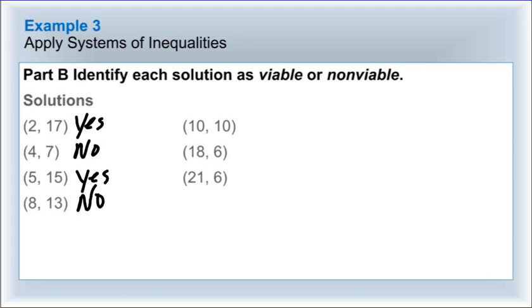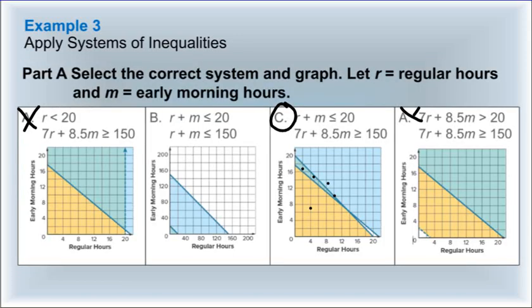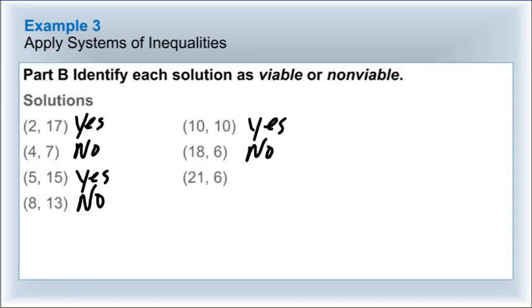So that would be yes. 18, 6. 18, 6 would be up here, so no. And then the last one, 21, 6, be past here, up there, so that would be a no as well. So these last two are no. So that is our lesson on systems of inequalities.